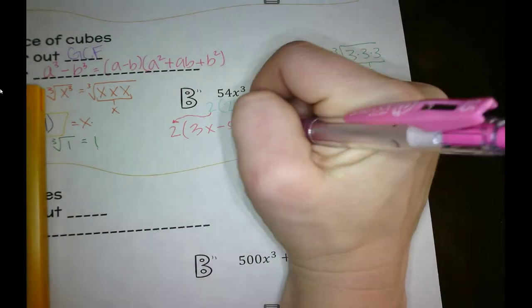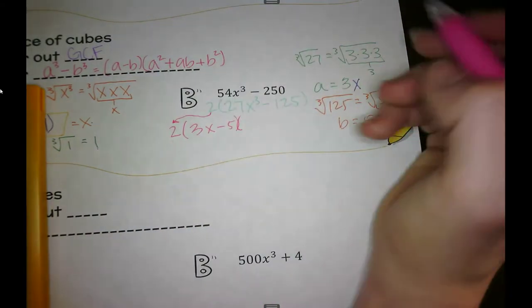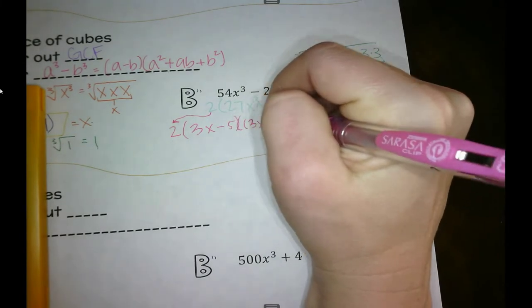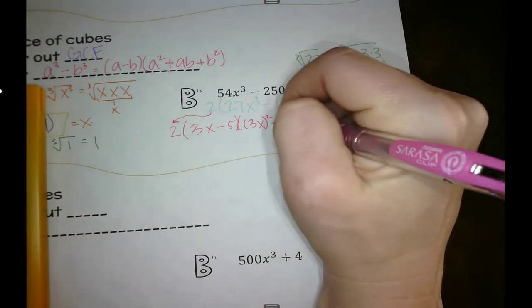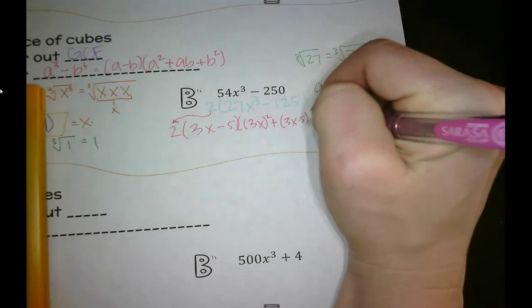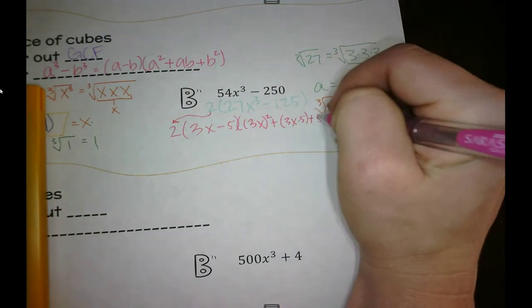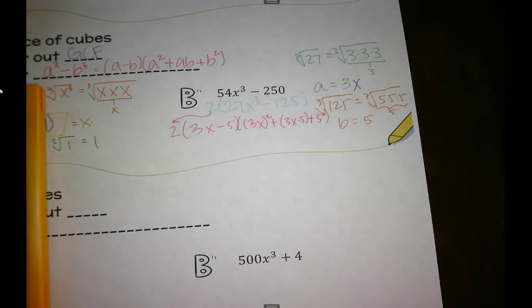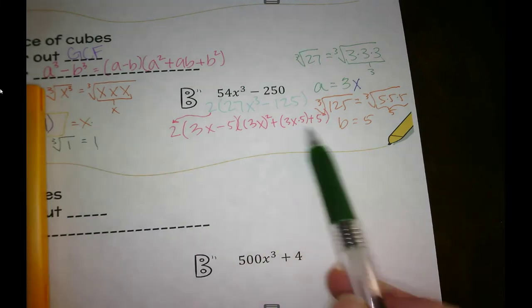Okay, let's keep going. A squared, so 3x squared, plus 3x times 5, plus 5 squared. Okay, we're almost done. We just need to calculate these out.